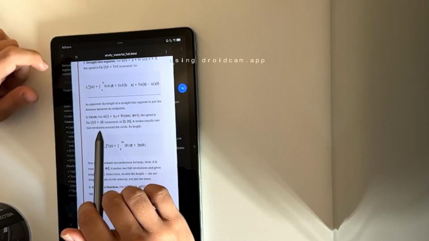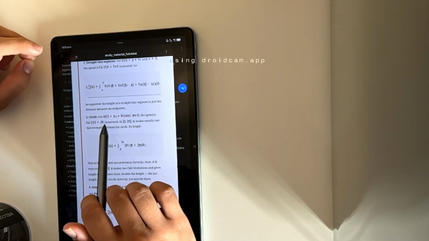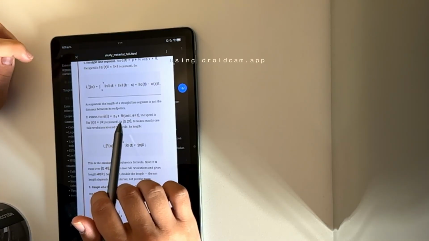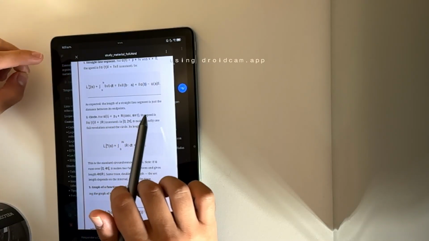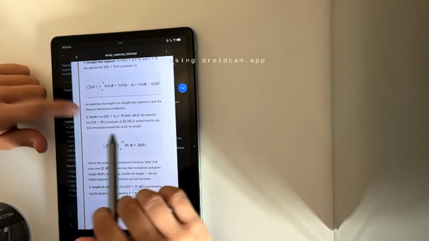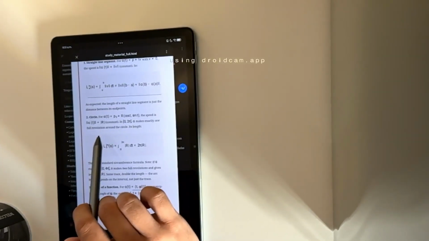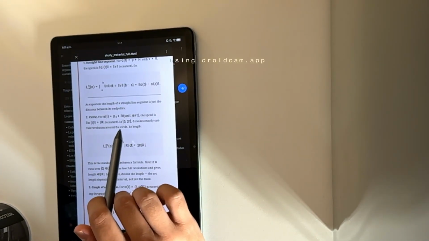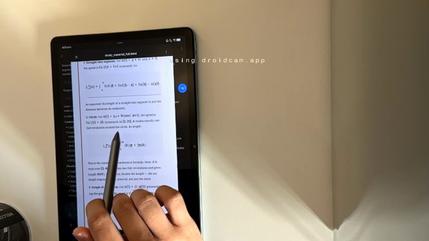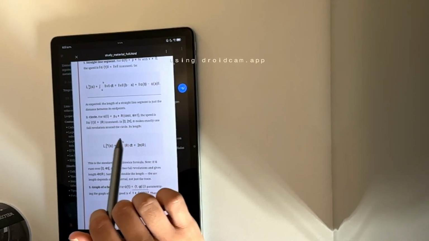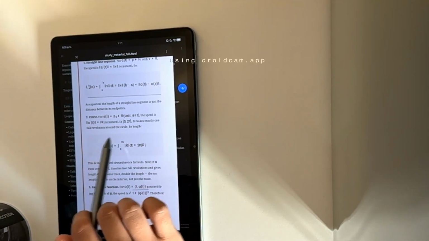For a circle, alpha of t equals p0 plus r cosine of t, sine of t, the speed, the norm of alpha prime of t, equals r, constant. In the interval 0 to 2 pi, alpha makes exactly one full revolution around the circle.